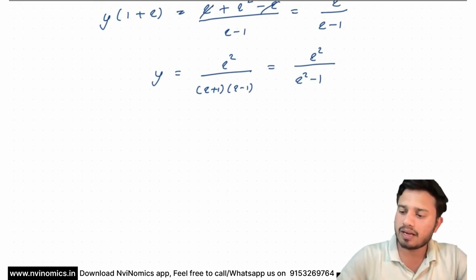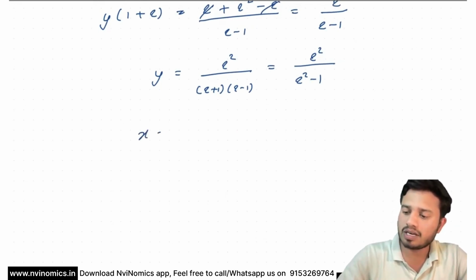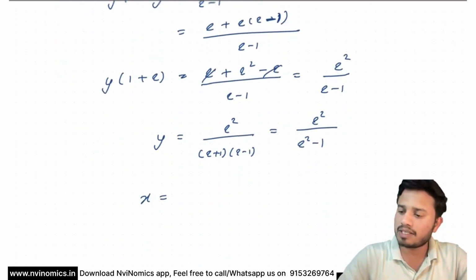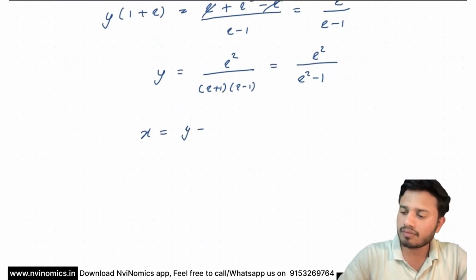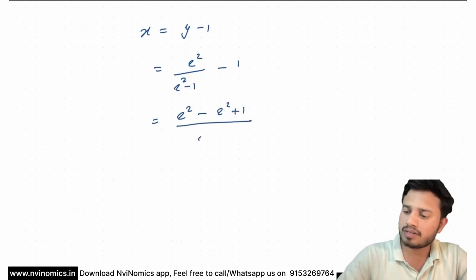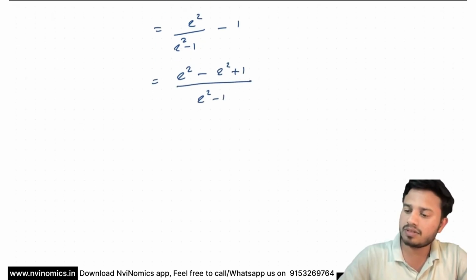Now our x was y minus 1. So replacing that would give e square minus e square plus 1 divided by e square minus 1.